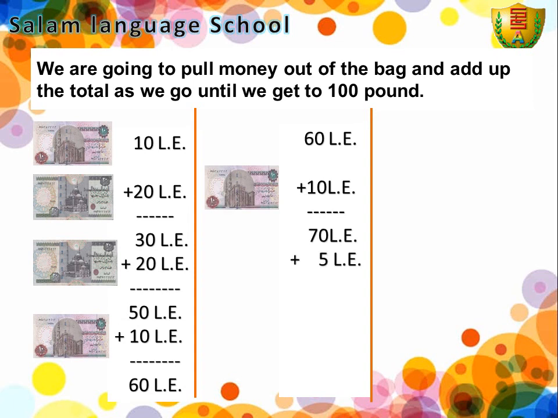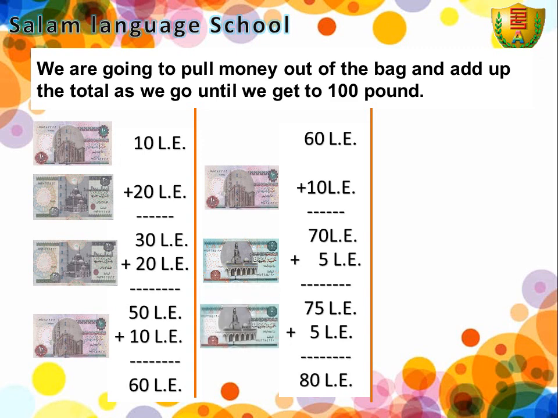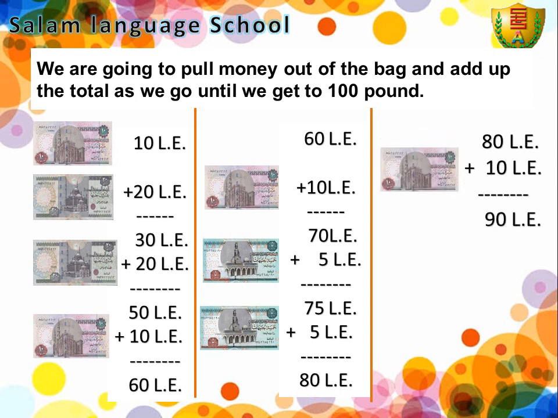Add a 5 to the 70, it becomes 75. Add 5 to 75, it becomes 80. Add a 10 to the number 80, it becomes 90. Add the last 10, we reached 100.